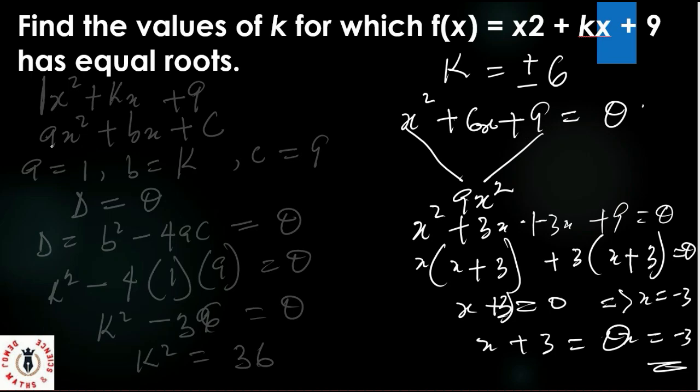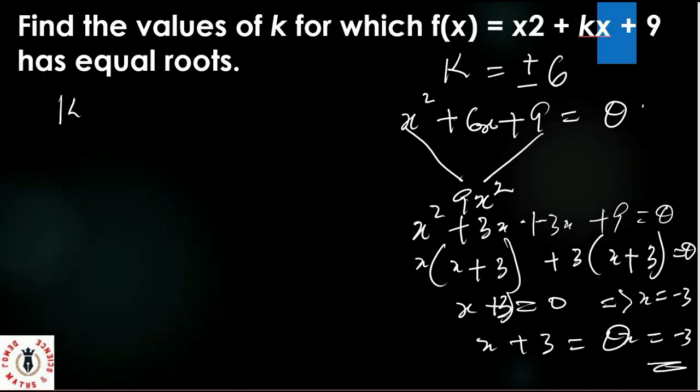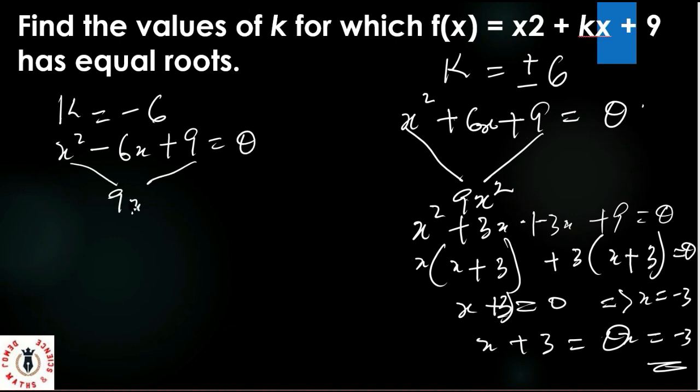So when k is equal to minus 6, I'll have x squared minus 6x plus 9 equals 0. Now try it. Let's multiply this by 9 like we did initially, that's 9x squared. What are the factors of 9x squared that when you sum them together give you minus 6? That's minus 3 and minus 3.